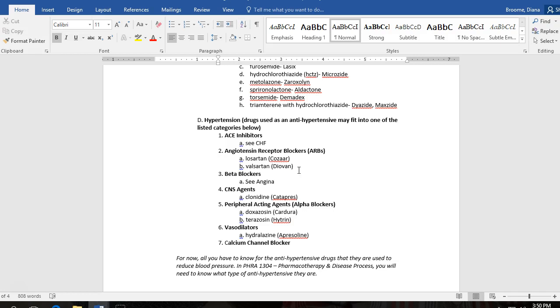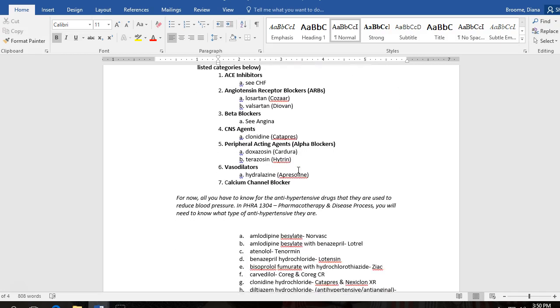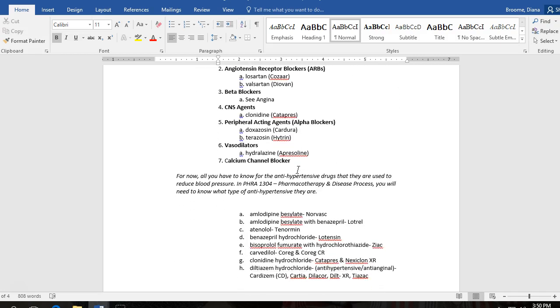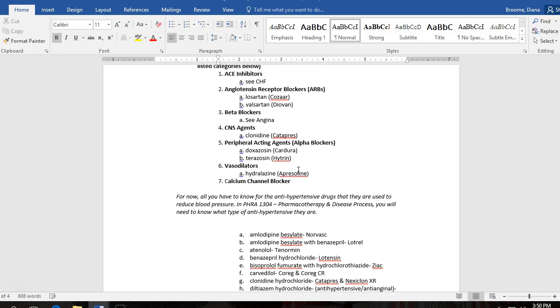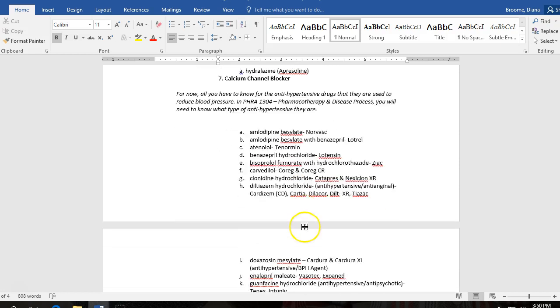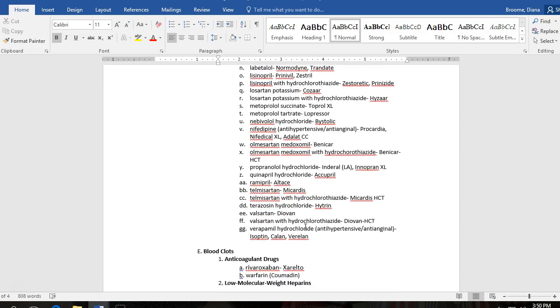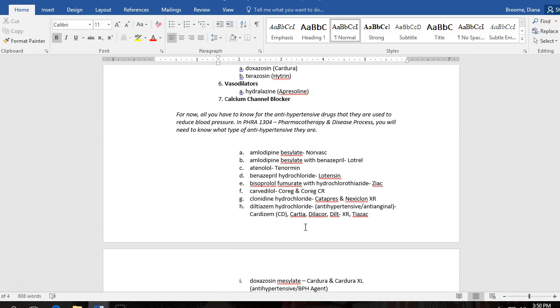The hypertensive drugs, or antihypertensive drugs, are helping the person to reduce their blood pressure. Now, in pharmacotherapy and disease process, you will be asked to memorize the long list of antihypertensives and to know which categories they go into.